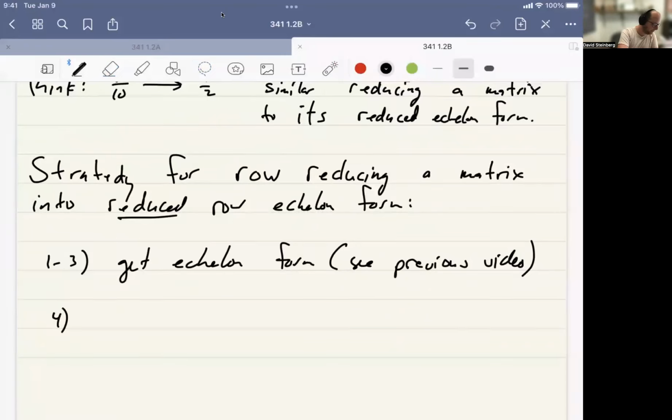We'll start with the rightmost pivot now.